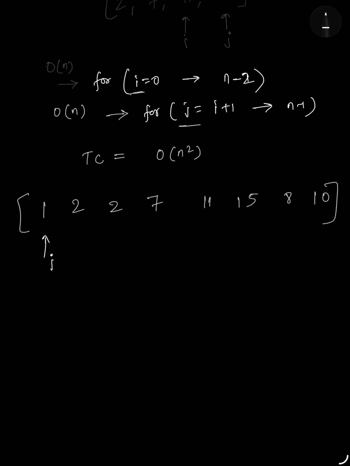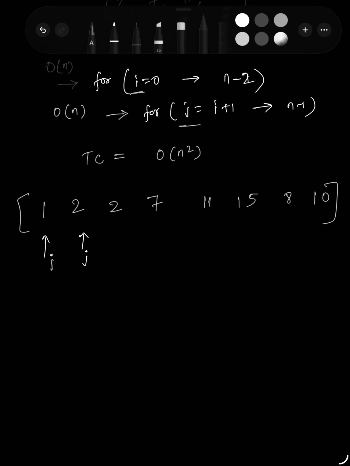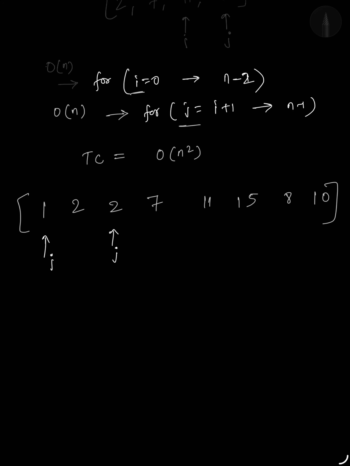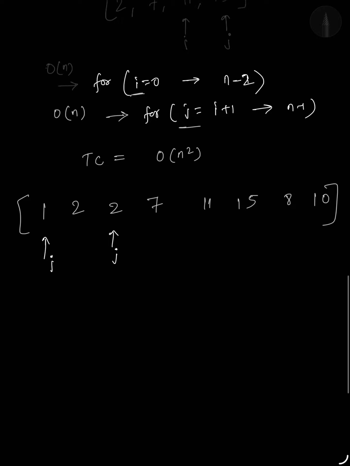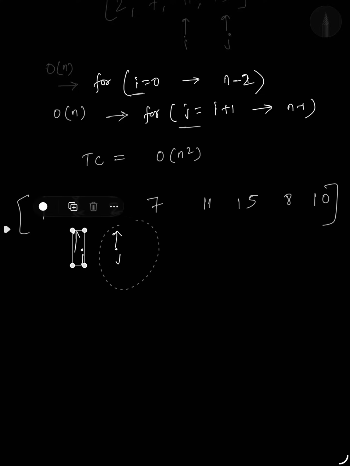Now for this i we are starting our j position from i plus 1, and this j will move from this position to the next, till 7, 11, 15, 8, 10. So this way we will be moving our i and j. Again when our i moves one step ahead, j will start from here, then go till the end like this, and then again it will be done.